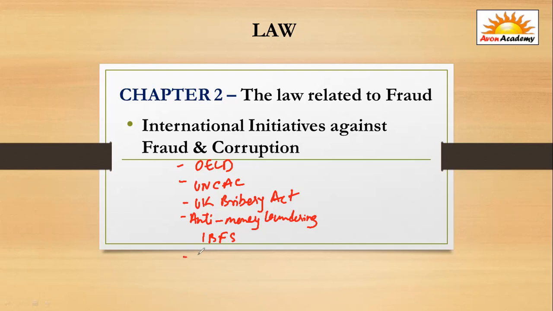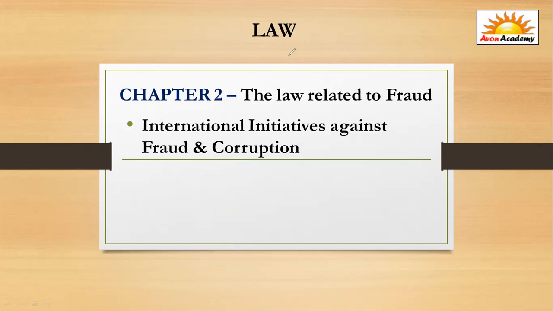So again, the banks play a very important role in keeping these kinds of fraudulent activities at bay. Core banking solutions. And these are the basic activities that, at an international level, the initiatives have been taken towards curbing fraud and corruption.